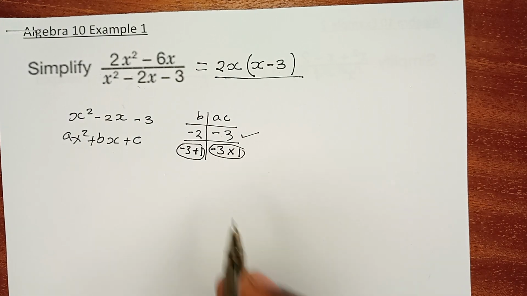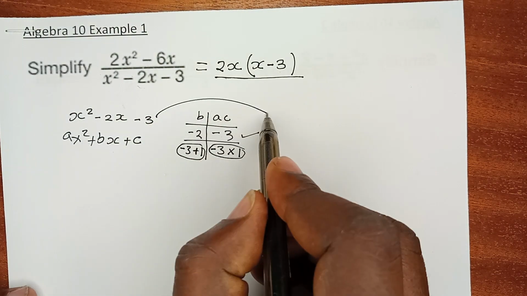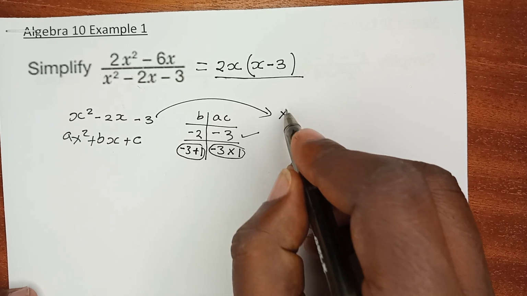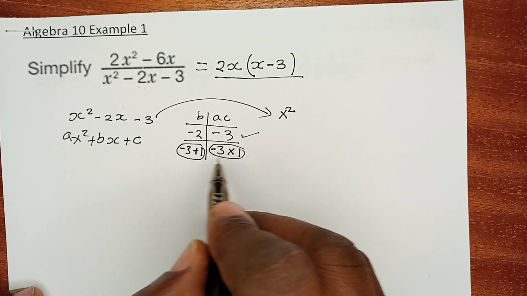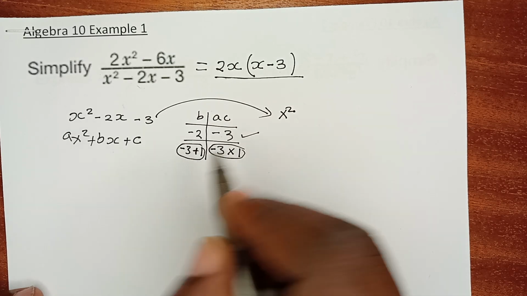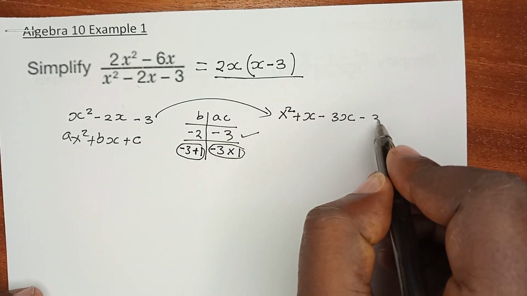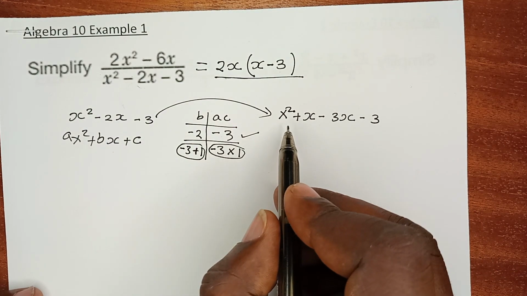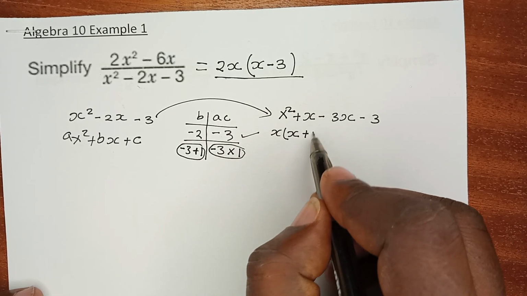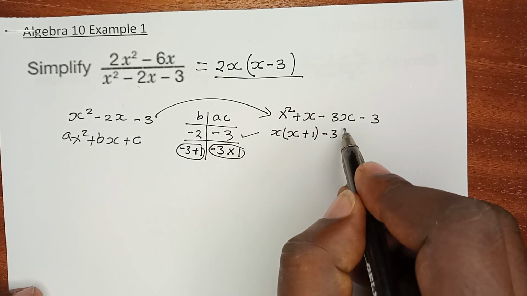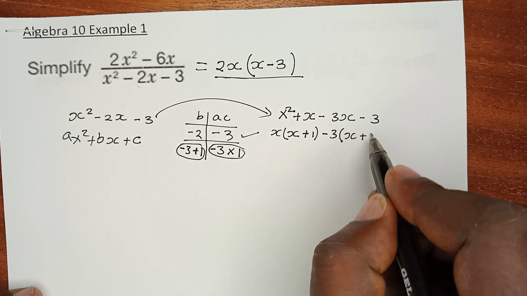That means we need to break the middle term now and write this as x squared, because one term is 1 and the other term is minus 3, so plus x minus 3x minus 3. Now, within the first two, x is common, so inside the bracket we have x plus 1, and then minus 3 is common, and within the bracket you have x plus 1.